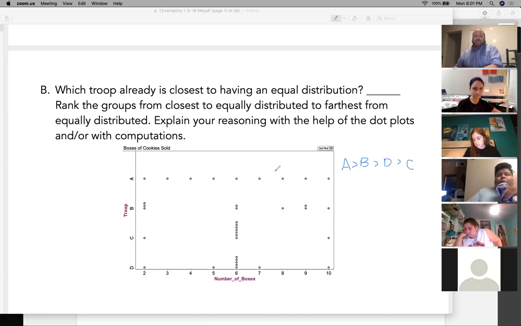I want you to take every data point, subtract 6, take the absolute value, and add.